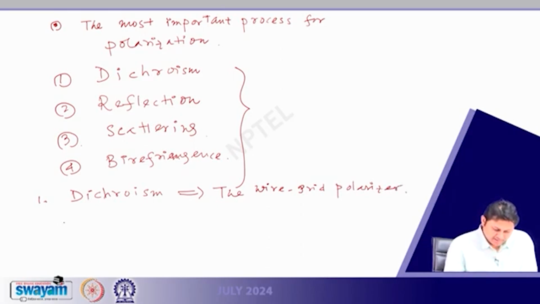The concept is this: I have a system, and these lines suggest that these are thin copper wires, making a net like this.